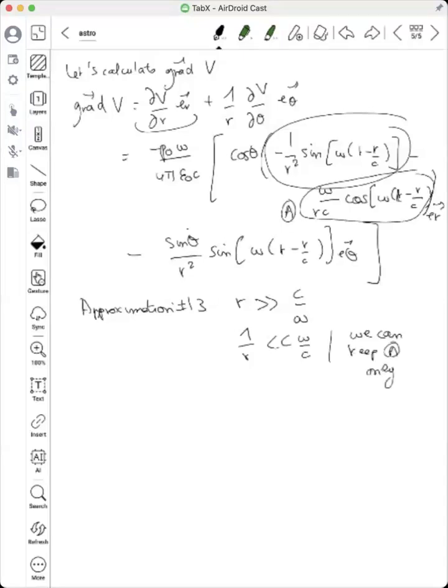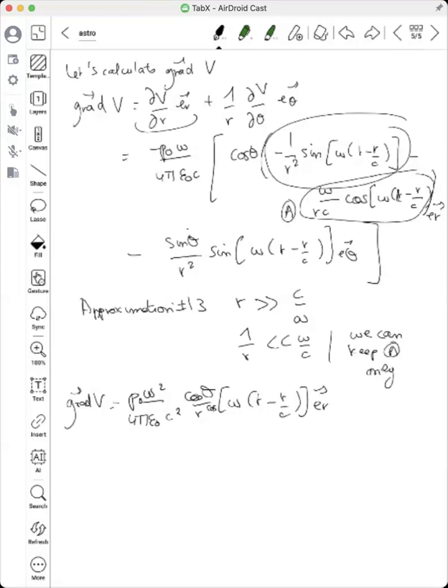Because the factors in front of the cosine and sine allow me to do this with this approximation. Okay, so as a summary, I have that grad of V is equal to p0 omega squared over 4 pi epsilon 0 c squared, cos theta over r, of cos of omega t minus r over c, e_r.